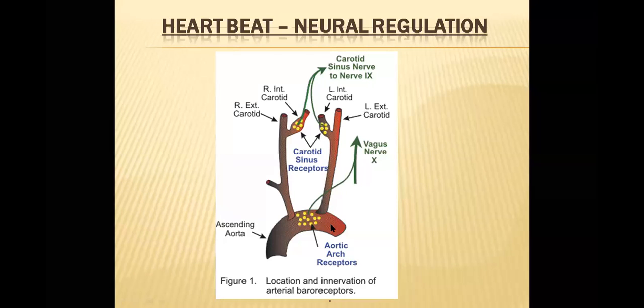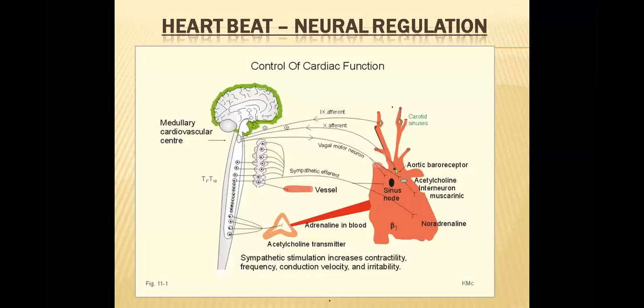So here chemoreceptors also will be there in the aorta region and in this carotid region. These chemoreceptors will send the information regarding the partial pressure of oxygen and partial pressure of carbon dioxide. So the brain, upon receiving these two things, what will it do? Whenever there is a necessity of increasing the heartbeat rate, it will send signals to the adrenal glands.